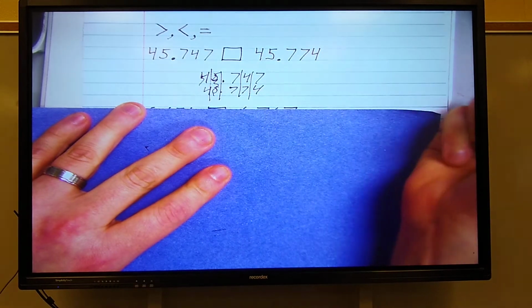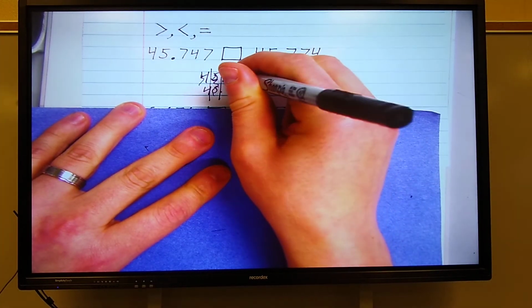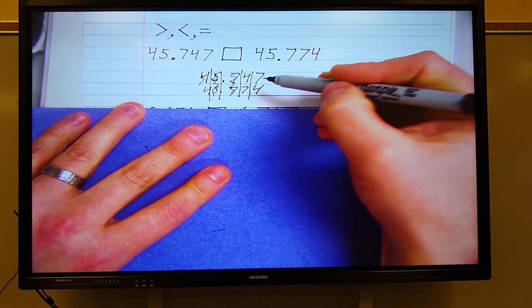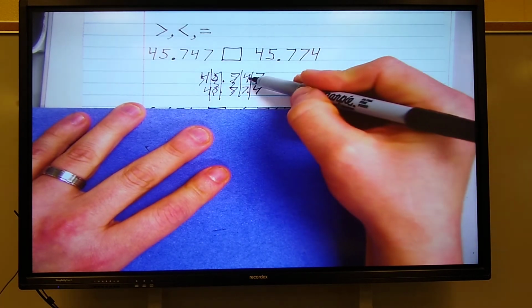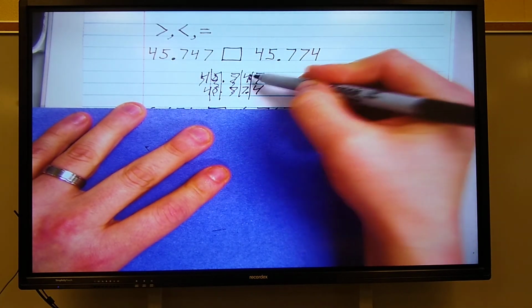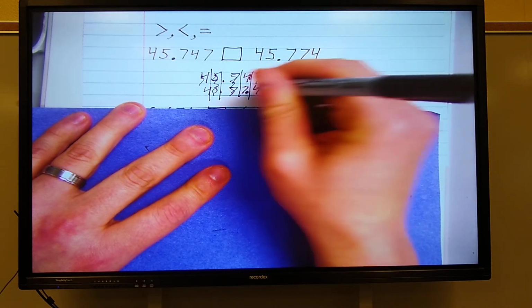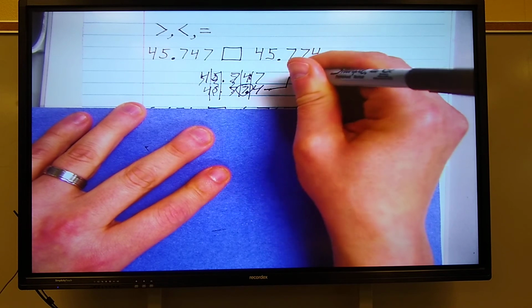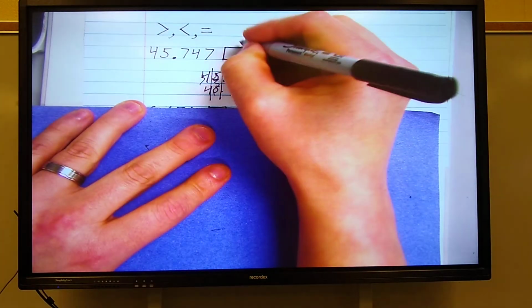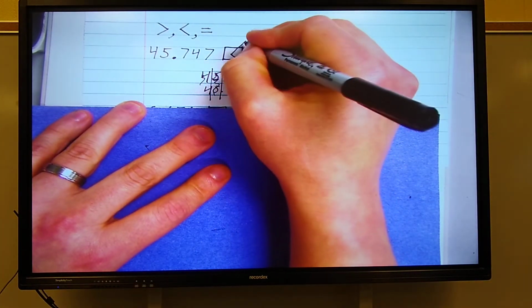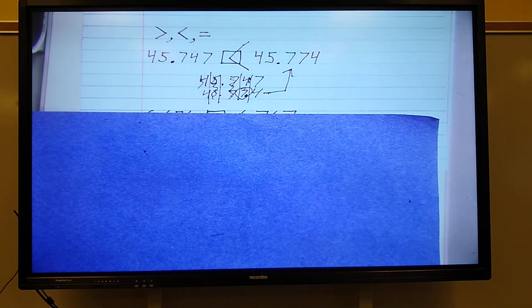Now the hundredths place is going to give me my answer. 4 is less than the 7. Okay? That means this number right here is the biggest. I got to make sure the open side of the sign is facing the biggest number. The answer is 45 and 747 thousandths is less than 45 and 774 thousandths.